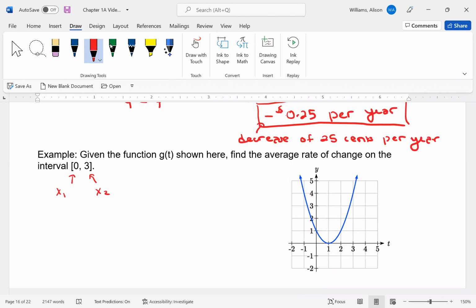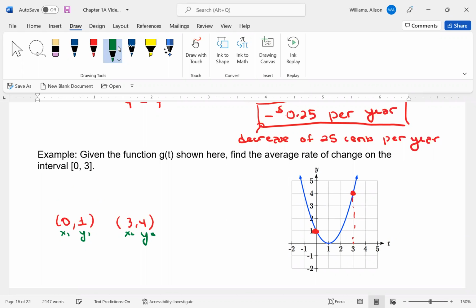Our first X value is 0, that's right here, where x equals 0 at the point (0, 1). And then x equals 3 right here, and that happens at 4, so (3, 4). Those are the two ordered pairs I'm going to use. So this would be x1, y1, x2, y2.